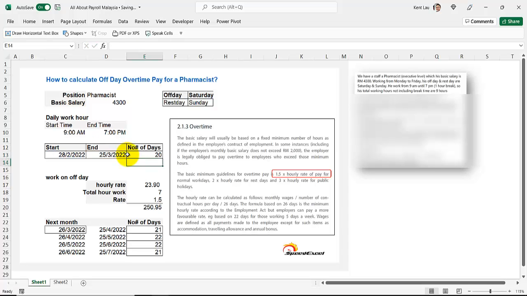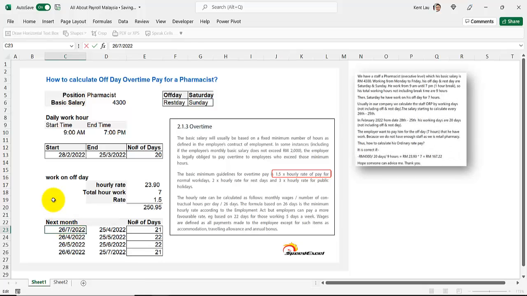Now, this company also says that their accounting period is from the 26th of the month until the 25th of the next month. So what is the function that you can easily use to calculate? Let's say here I change it to the 7th.